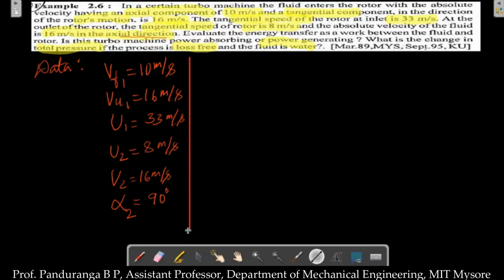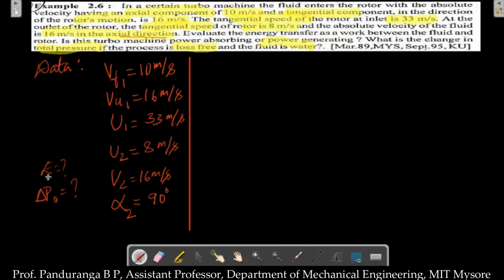With this data, we need to calculate the energy transfer which occurs between the fluid and the rotor, and then we need to find out whether it's a power absorbing or power generating turbo machine, and then we need to find out the total change in pressure, so delta P naught.